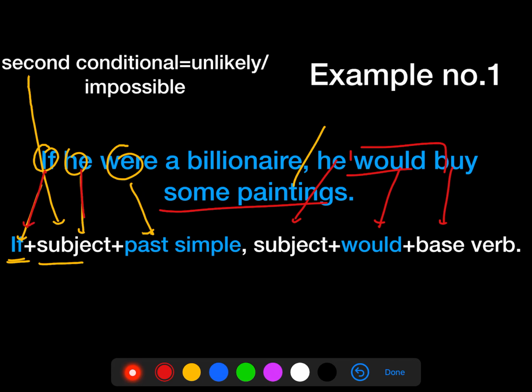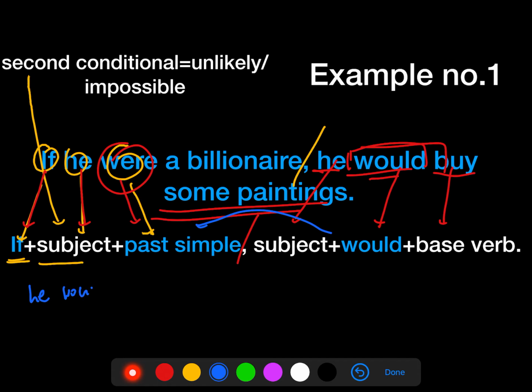If he were a billionaire, he would buy some paintings. Okay. We know that we can change the order. We can say he would buy some paintings if he were a billionaire. Like this. We can change the order as well.